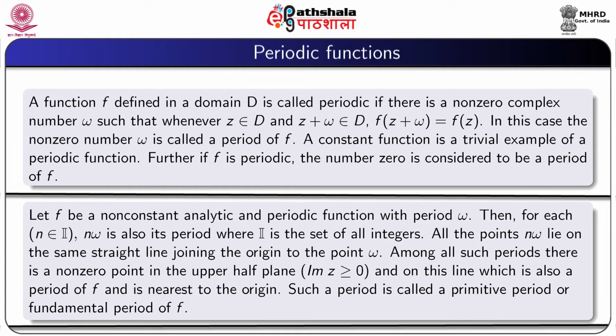Among all such periods, there is a non-zero point in the upper half plane, that is imaginary z greater than or equal to 0, and on this line, which is also a period of f and which is nearest to the origin. Such a period is called a primitive period or fundamental period of the function f.